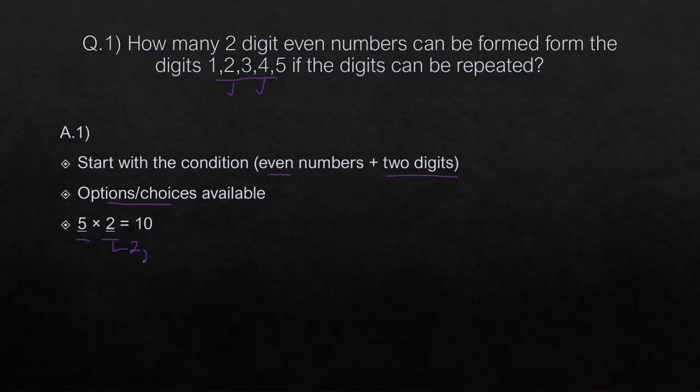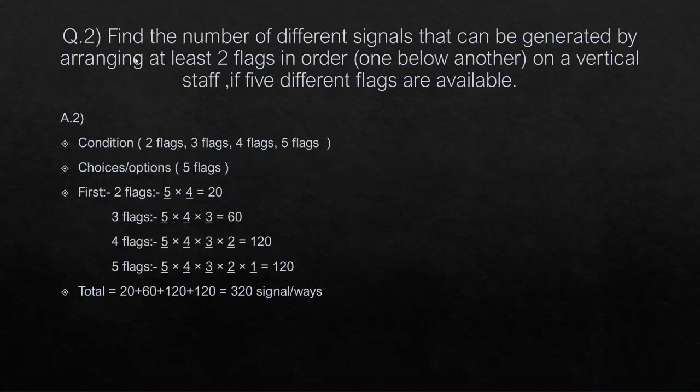This 2 is for 2 and for 4. Then we have 5 at tens place because repetition is allowed. If repetition weren't allowed, then we would have subtracted 1 from 5 because one number is already used at the ones place, but here repetition is allowed. So we can use any of the 5 digits given and hence 5 at tens place.